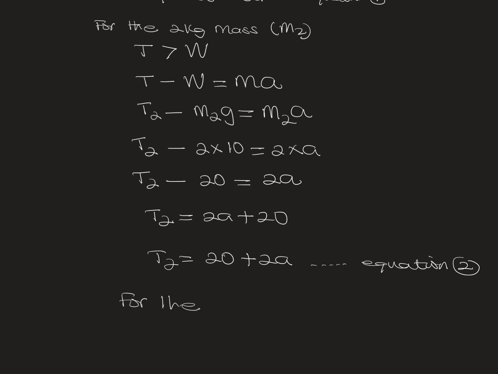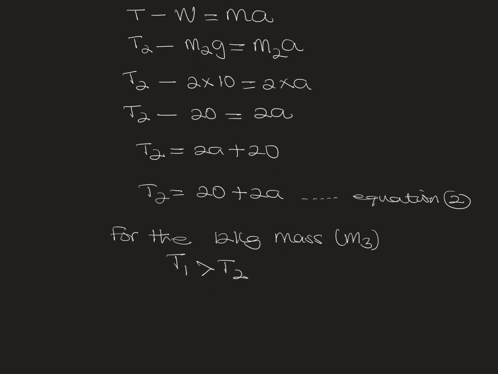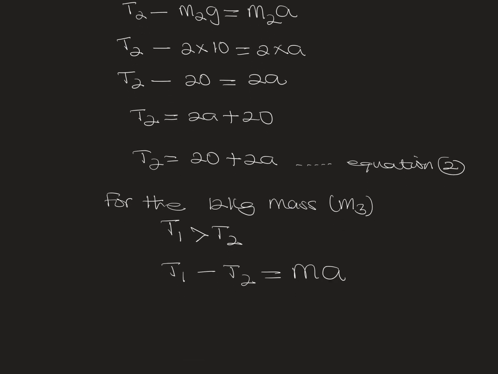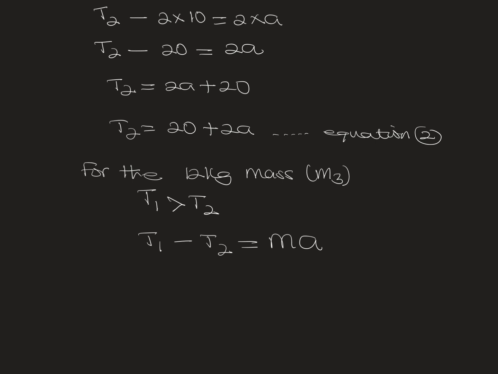For the 12 kilogram mass, which is M3, we said that tension 1 must be greater than tension 2. In that case, the net force will be tension 1 minus tension 2 is equal to mass times acceleration. So T1 minus T2 is equal to M3A.